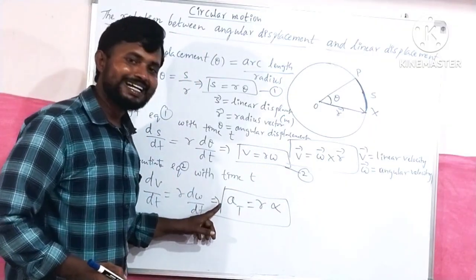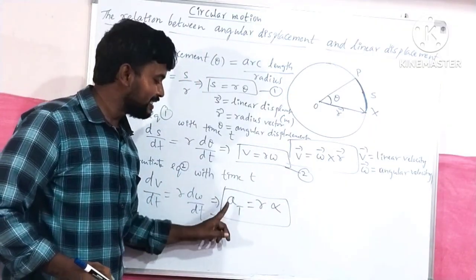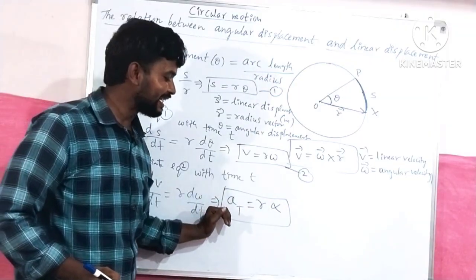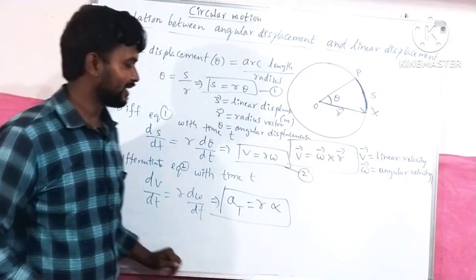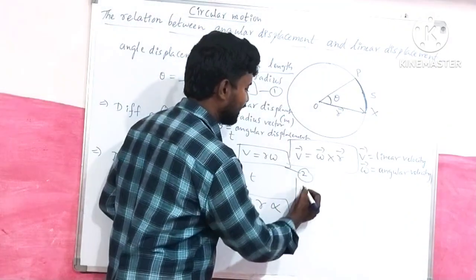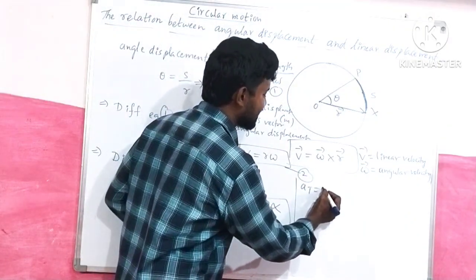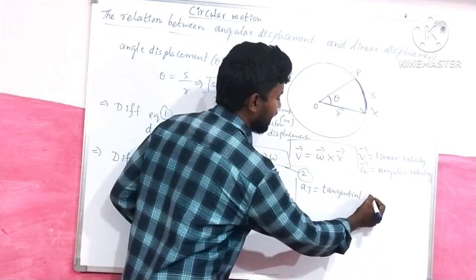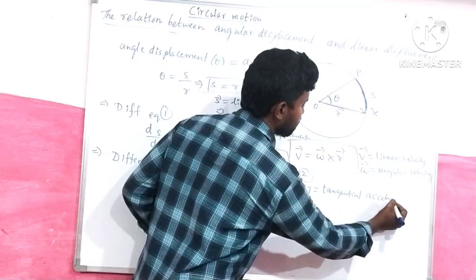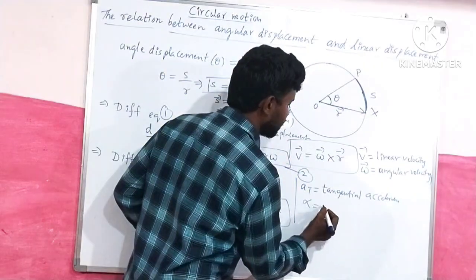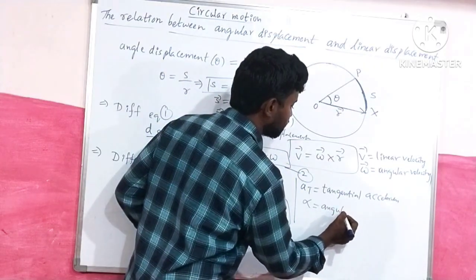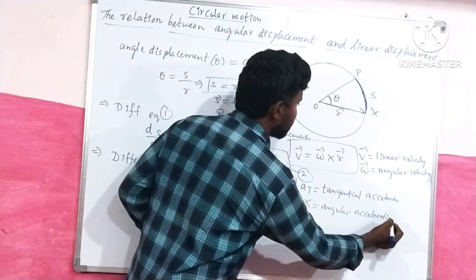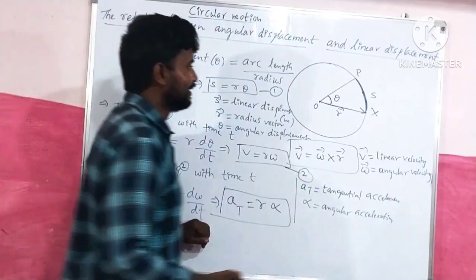This gives the relationship between tangential acceleration and angular acceleration. Here alpha is the angular acceleration.